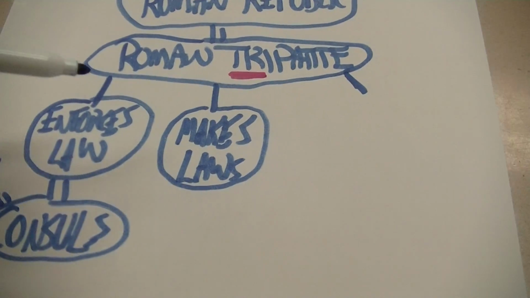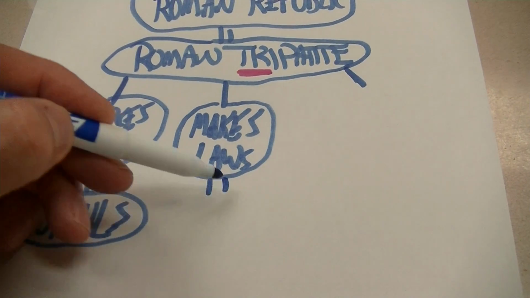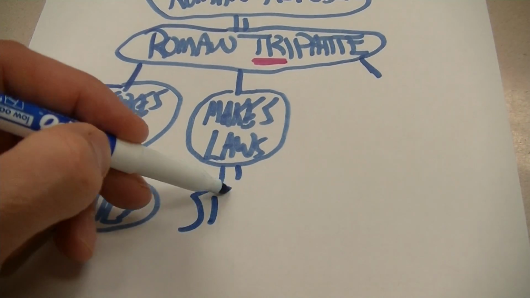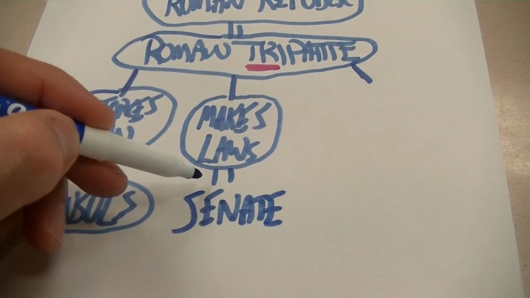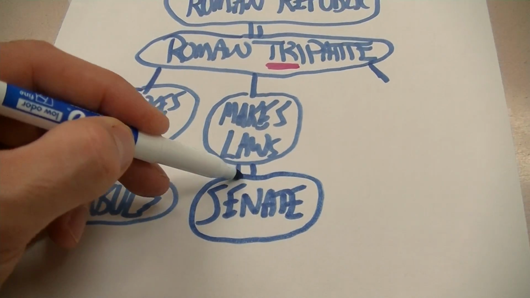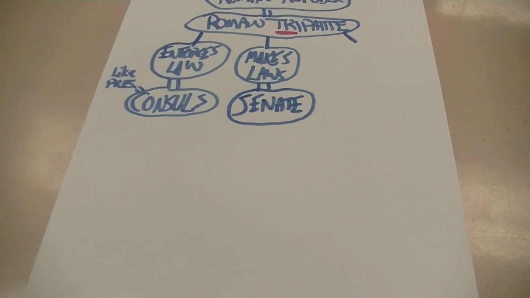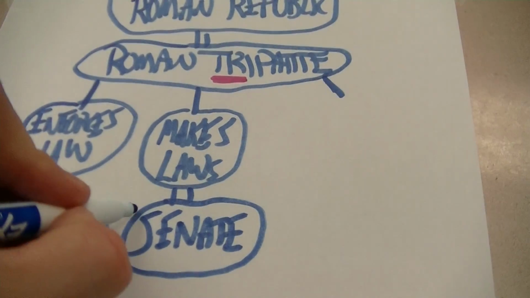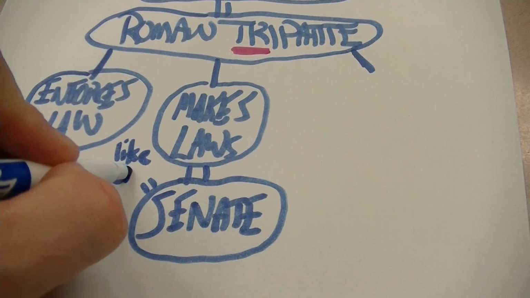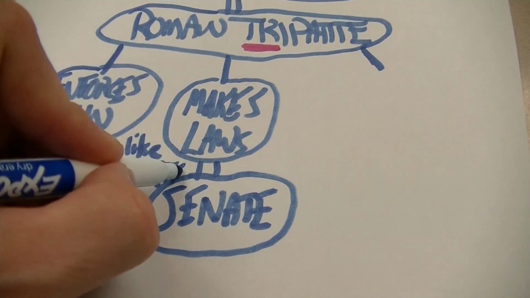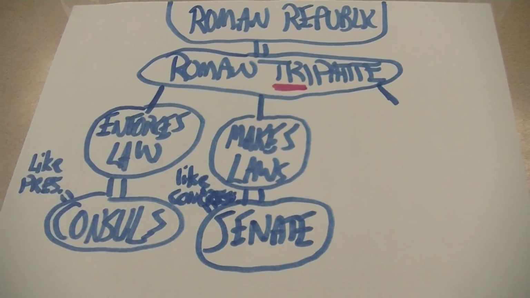Now, in Rome, instead of a Congress, they had the Senate, which is supposed to represent the people, and they made the laws. Okay, we'll come back and add more. I could actually put this right here, like Congress. So if you know what Congress is, it makes sense to you.